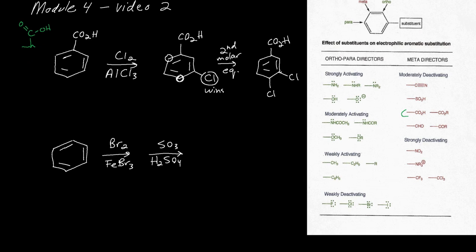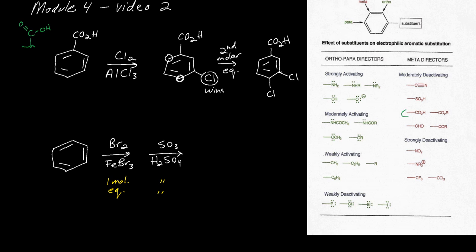Looking at the next problem, we start with benzene, and we're adding first a bromine. So that's just brominating the benzene in any position. I'm assuming 1 molar equivalent for each, unless otherwise stated. So we can envision a bromine sticking on here. The bromine is a weakly deactivating ortho-para director, so the sulfate group is going to add probably para.